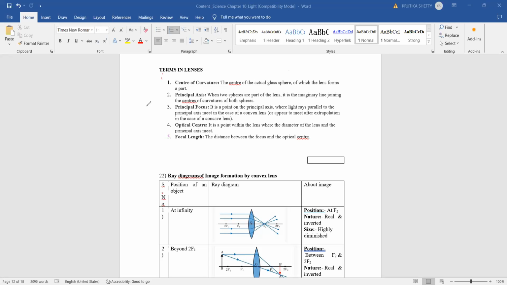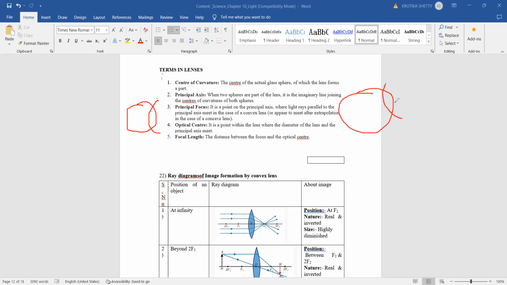You have seen a football or a marble. When they want to form a concave lens, they cut this portion of a sphere. A sphere is a circular object.